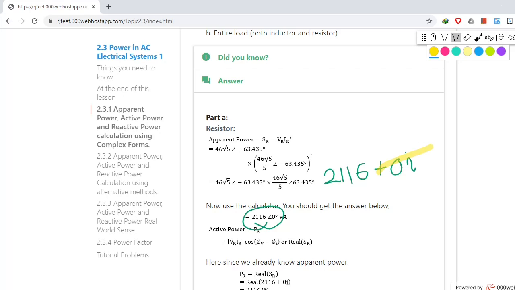Therefore you can simply write just the real part, which is 2116. Right, so here I have used the polar form because in that way I get the sense of complex number. So it really is a real number. Still it's a real number, though I have written it in the polar form.